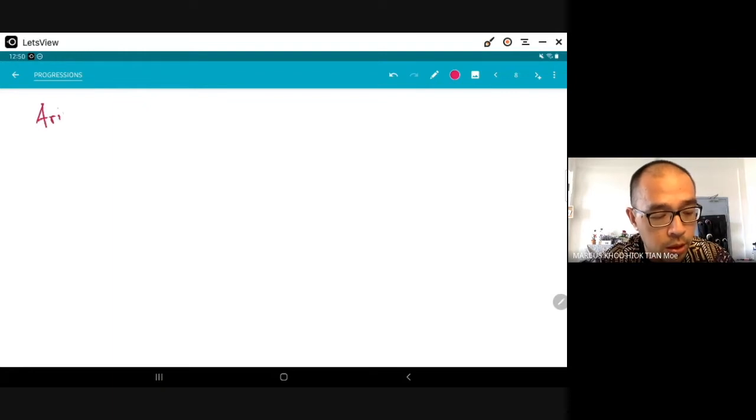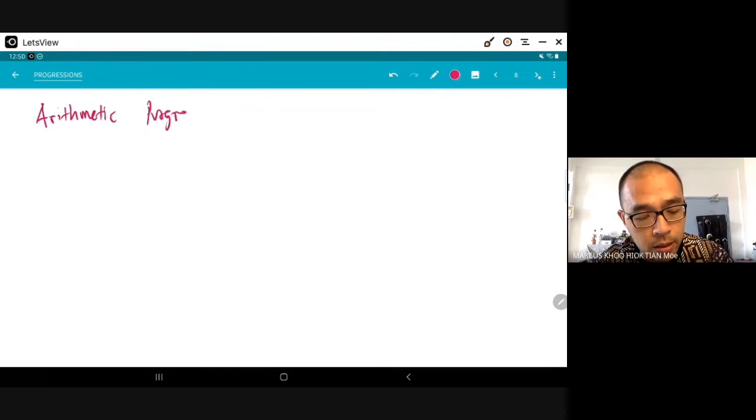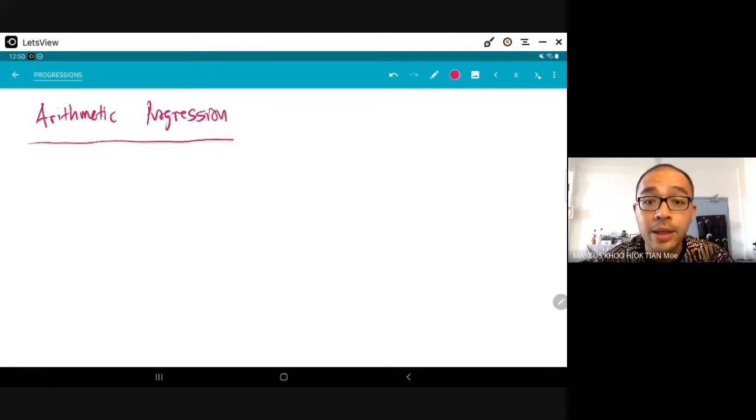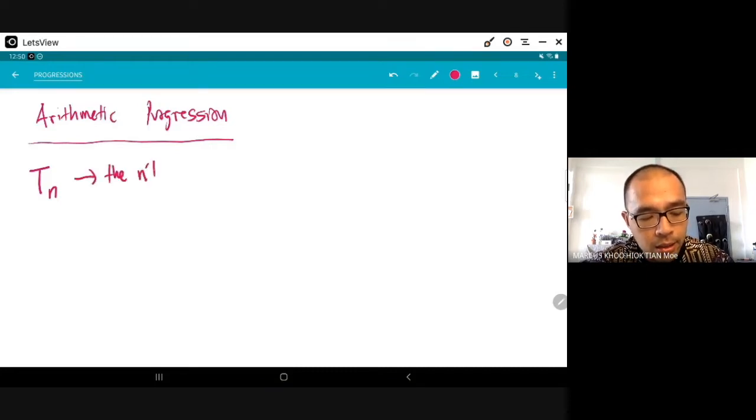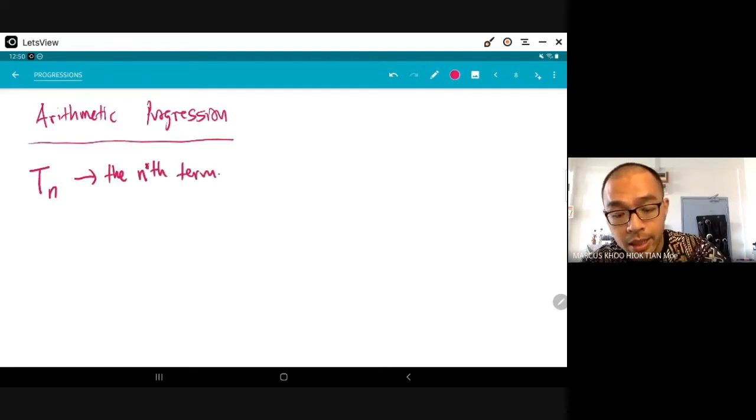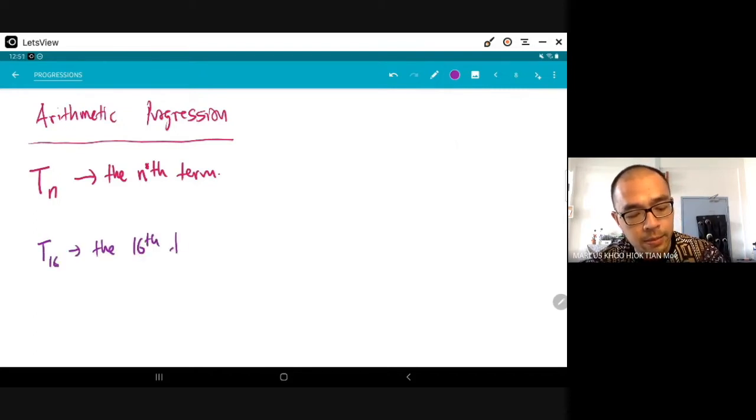Let me give you a summary. In arithmetic progression there are two very important basic formulas. The first formula is related to this symbol Tn, called the nth term. For example, if this is T16, this is the 16th term.